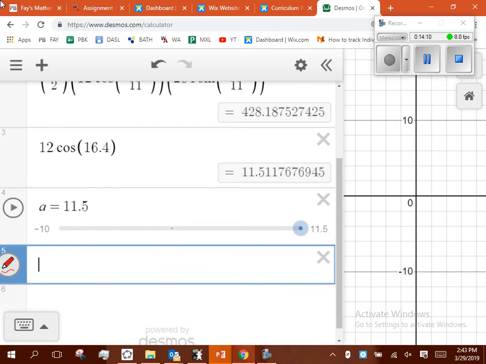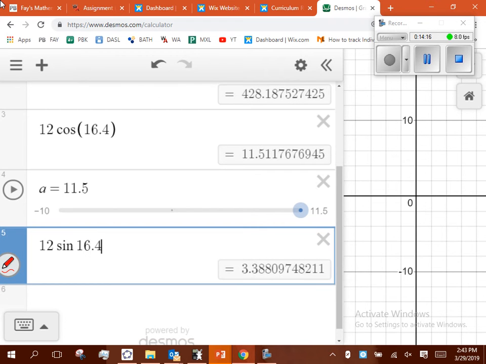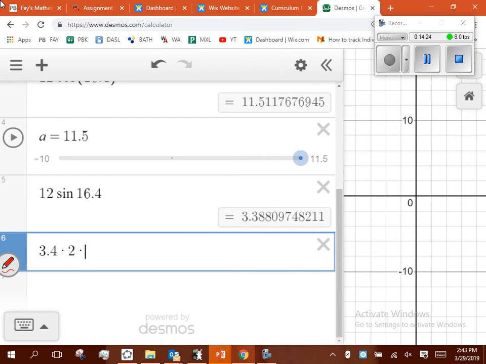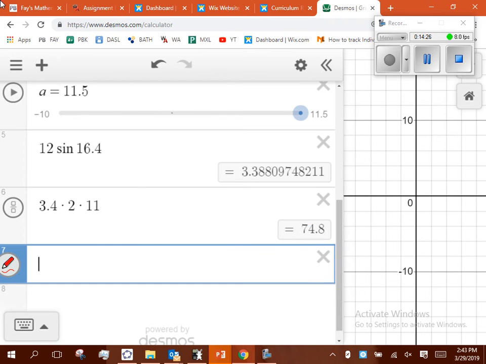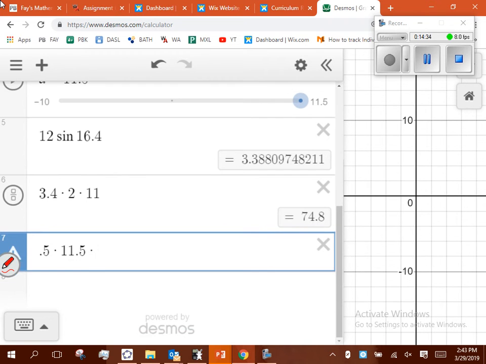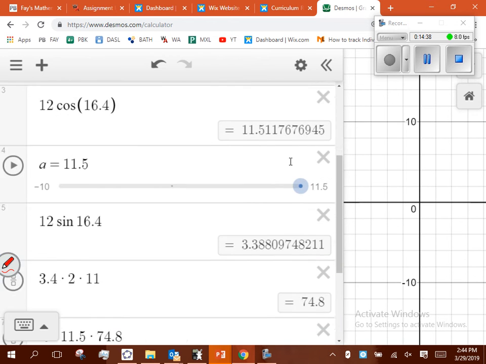And then they say, okay, well, let's go 12 sine of 16.4, and that's that x distance, and they're going to say, okay, that's 3.4. We're going to double that, and then we're going to multiply that by 11, and there's my perimeter. And they're going to go 0.5 times 11.5, that's my apothem, times my perimeter of 74.8, and they get that number right there for their area.